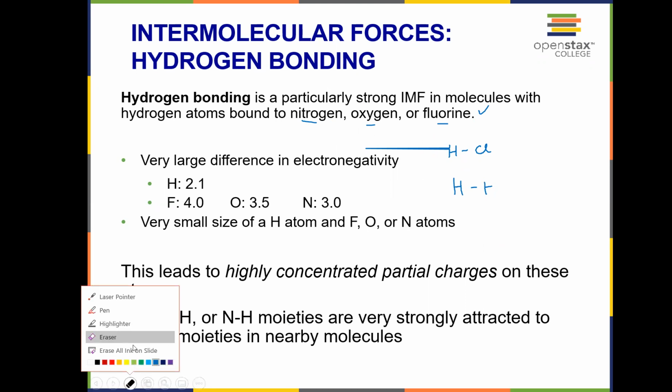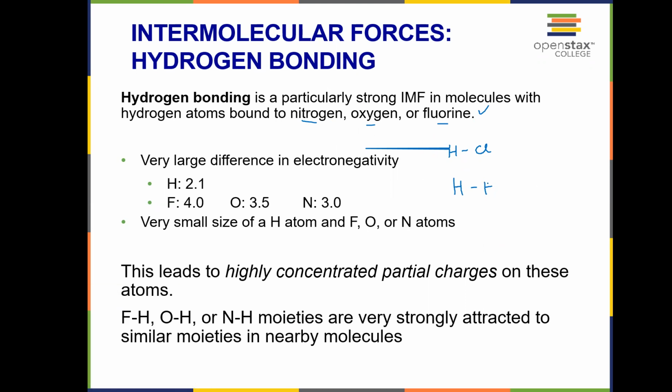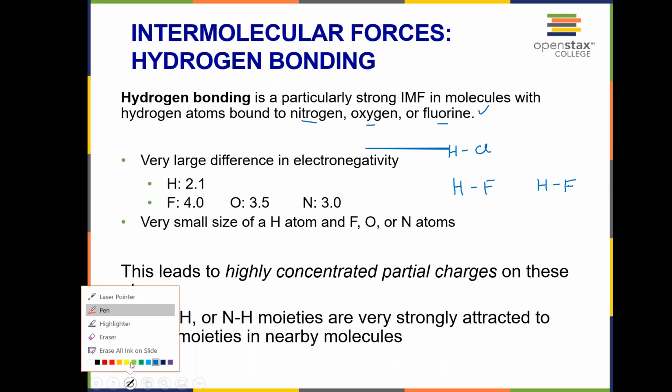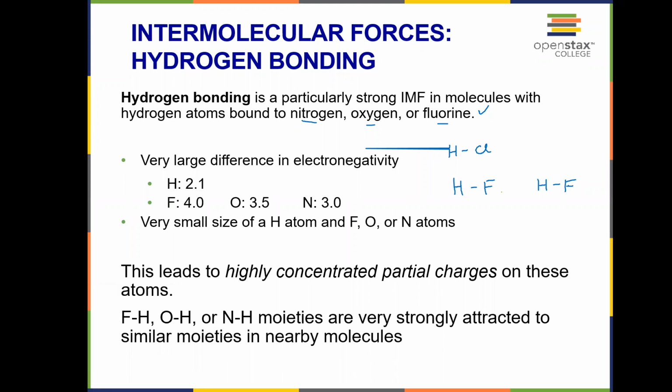How does this molecule interact with its neighboring molecules? And so we'll have to draw another HF molecule. And the hydrogen bond is going to be this weak force that exists between hydrogen on one molecule and fluorine, oxygen, or nitrogen on a neighboring molecule.